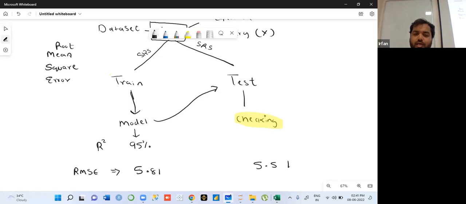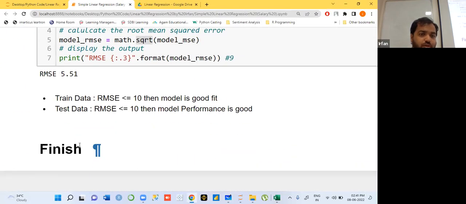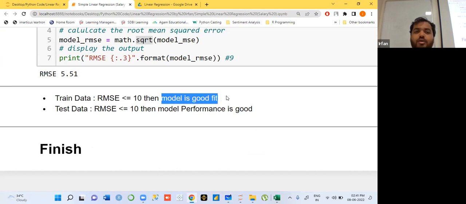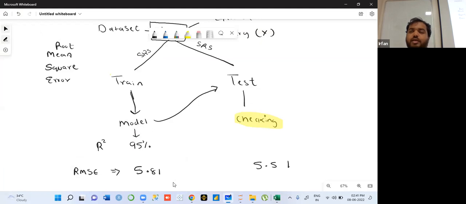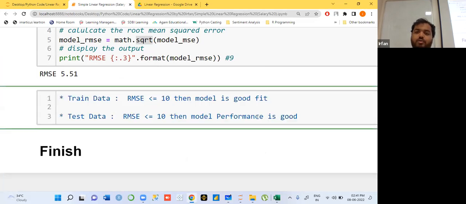Can I say they are less than 10? Threshold made by the scientists. If RMSE is less than 10, then we say the model is good. So can I say for train it is less than 10? Can I say the model is good? Then we check for test. Test is also less than 10. Can we say the model performance on test data is good?